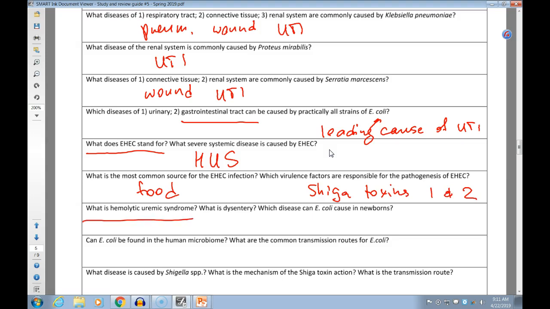Hemolysis of red blood cells leads to kidney failure, accumulation of urea in the blood. So you have hemolytic uremic syndrome. Dysentery, blood in the stool. And in newborns, it causes neonatal meningitis.